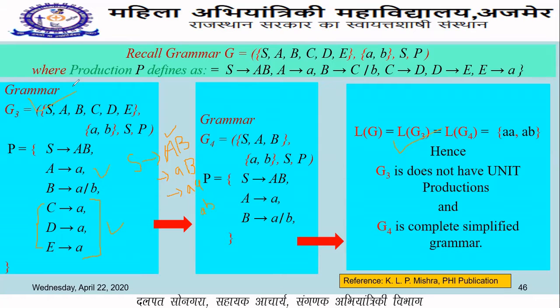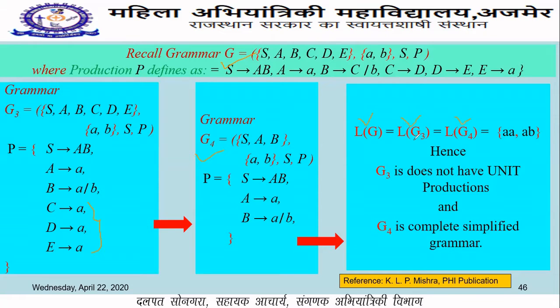So we can say this production is redundant or useless, this is also redundant, and this is also redundant. If we remove all these three productions, we get a new simplified grammar G4, which is purely a simplified grammar with respect to the given grammar G. You can look at the language of G, G3 and G4.